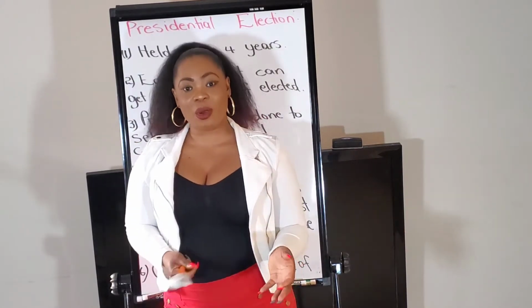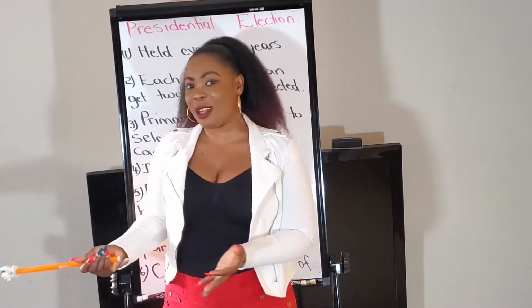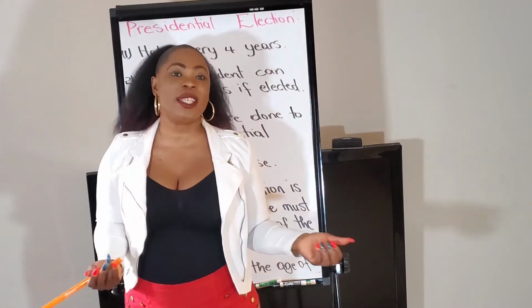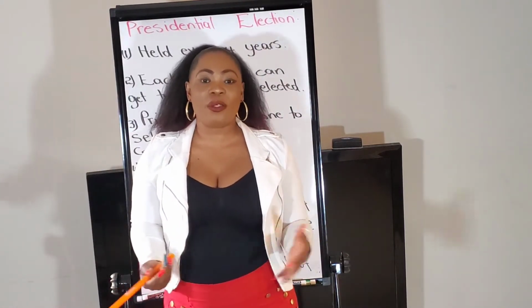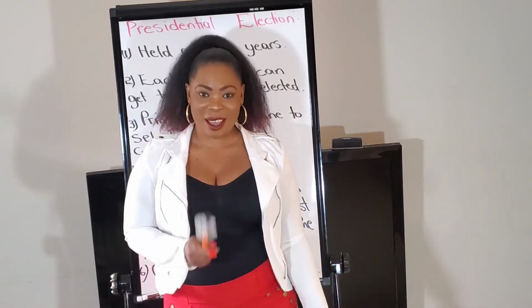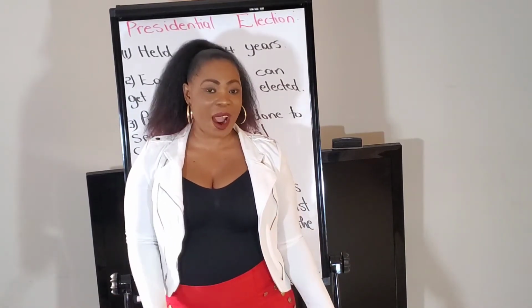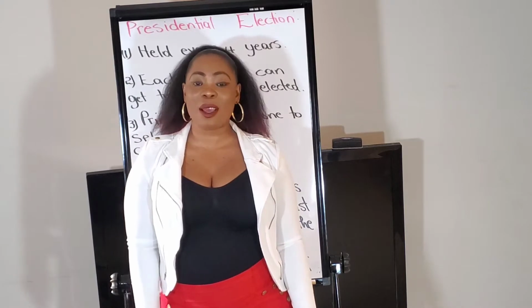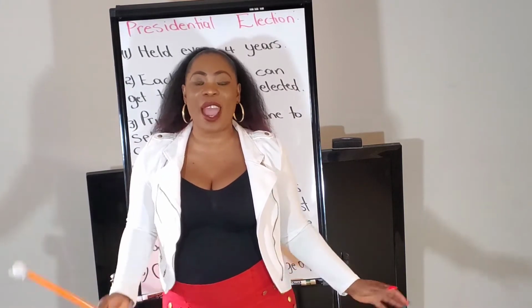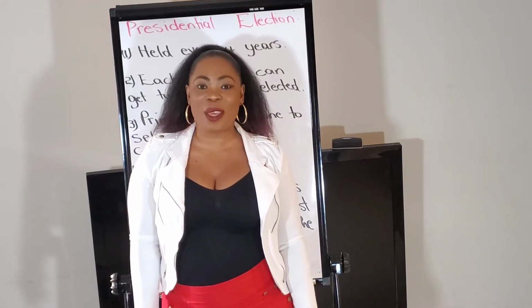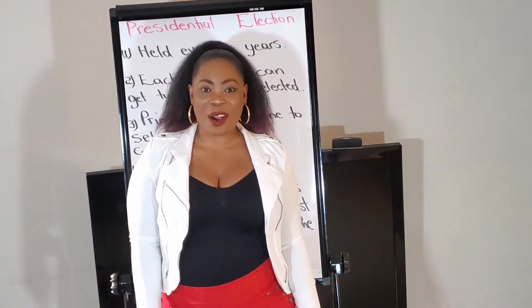But you might also hear that these particular states are considered red states, and that means they usually go for the Republicans. All right? I hope you have understood so far. I am making it simple for you, my geniuses, because I do not want you to be left out of anything. I want you to be aware of everything that goes on.